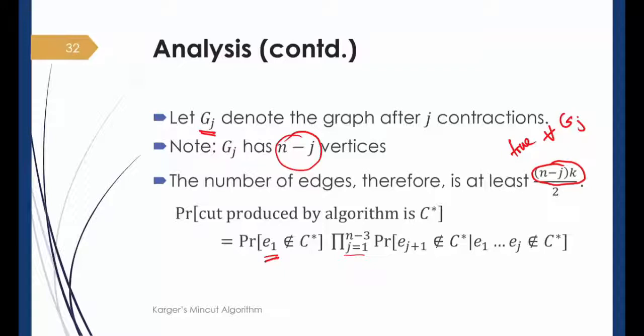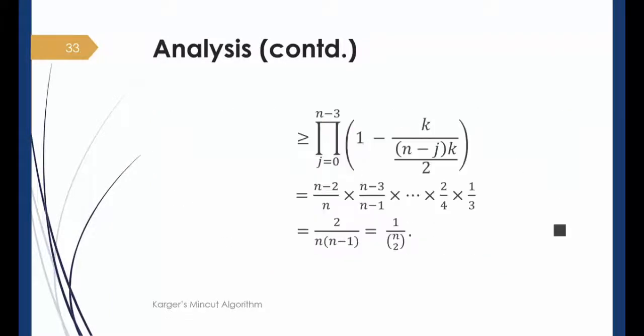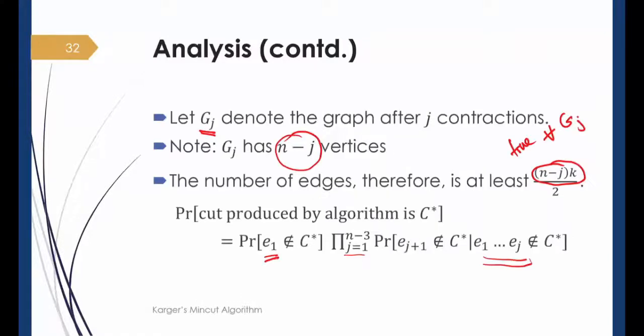But each one of these subsequent probabilities, notice, requires that the previous edges also do not belong to C star, because if any of the previous edges belong to C star, then the algorithm is already not going to lead us to C star. So, just working through that product, we get this. What we have here is the probabilities that each of the Ej plus 1s don't belong to C star.